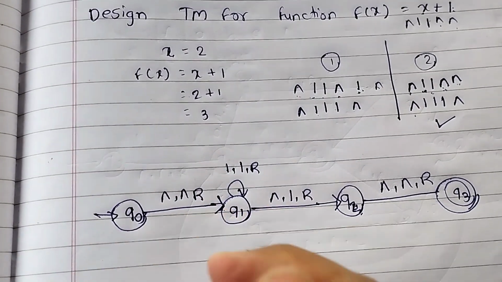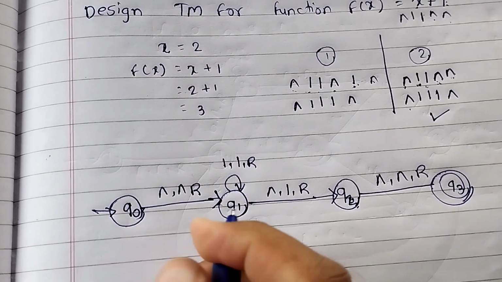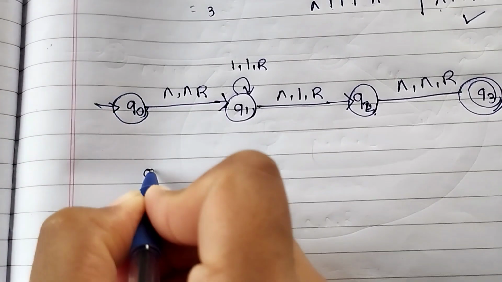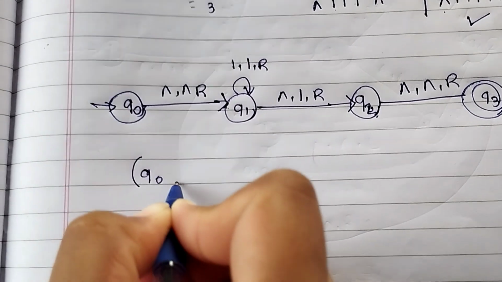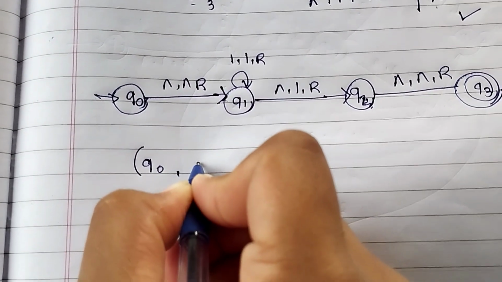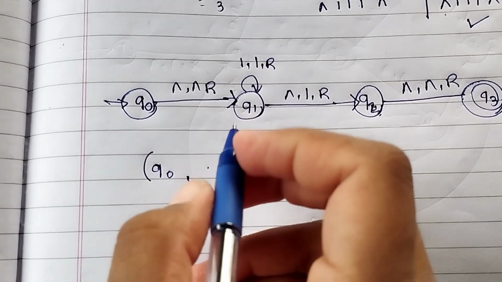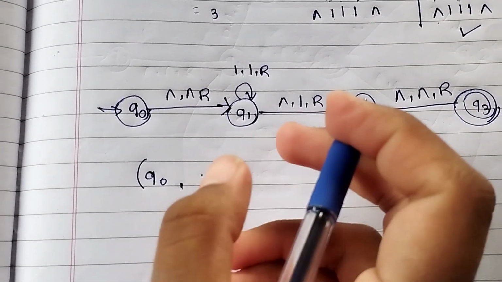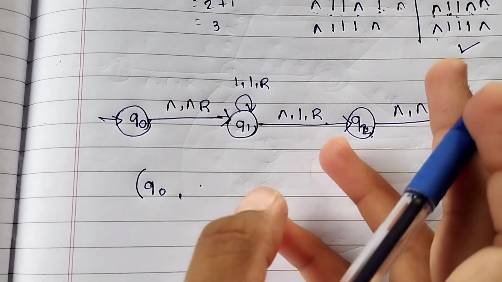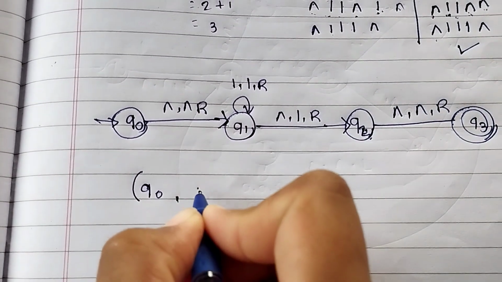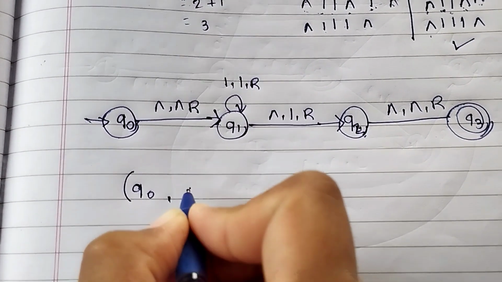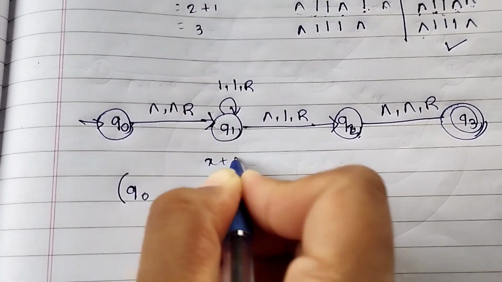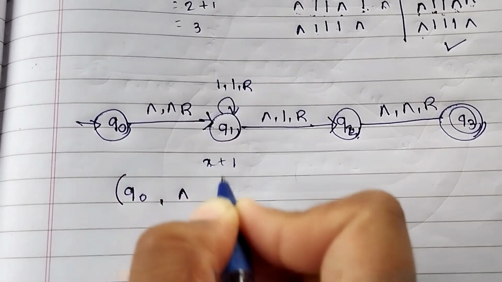And now we consider the example also. We draw the 1 by 1 state. So let's suppose we start with the Q0 state and we consider the example 3 plus 1, meaning x is now 3. So x plus 1, as I said, we consider 3 for the x.